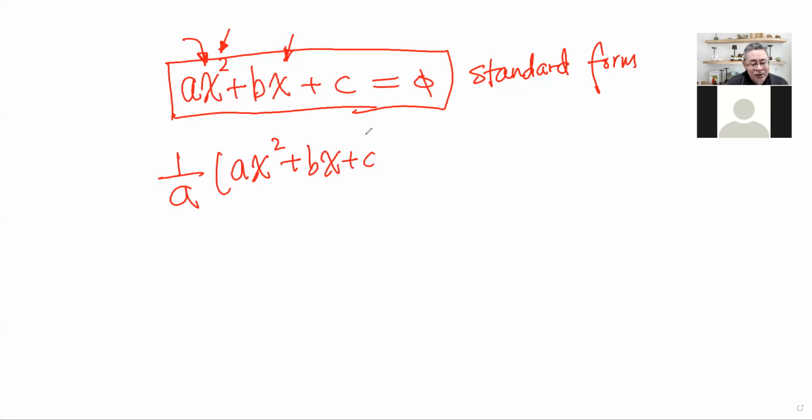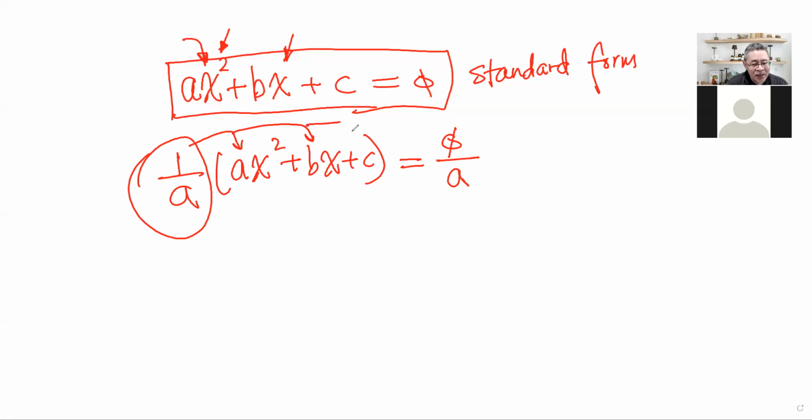And we know we can do that. This is what we call the multiplication property of equality. If we have an equation, we can multiply the same thing on both sides. So basically, we are multiplying by 1 over a, and we're going to distribute it back into both sides.